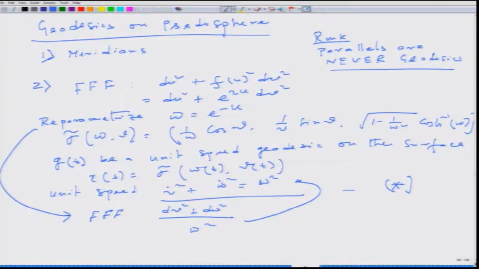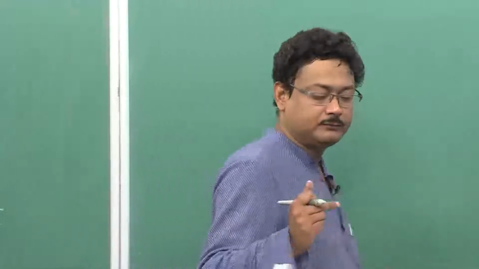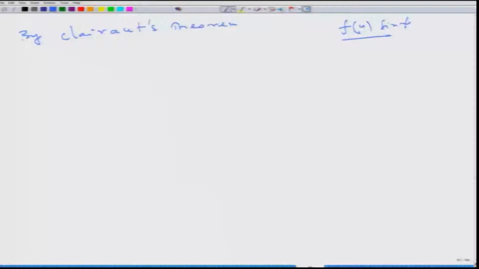Now, what do I know? I apply Clairaut's theorem now. Recall what happens in Clairaut's theorem: if psi is the angle between gamma dot and the meridian, then f_u sin psi remains constant.